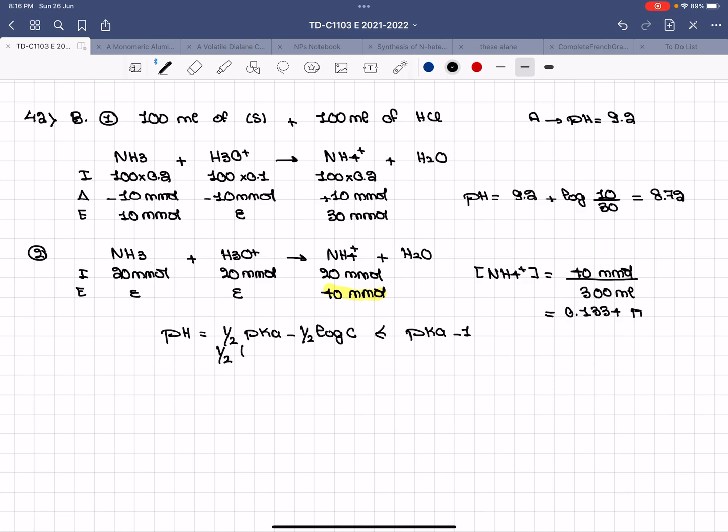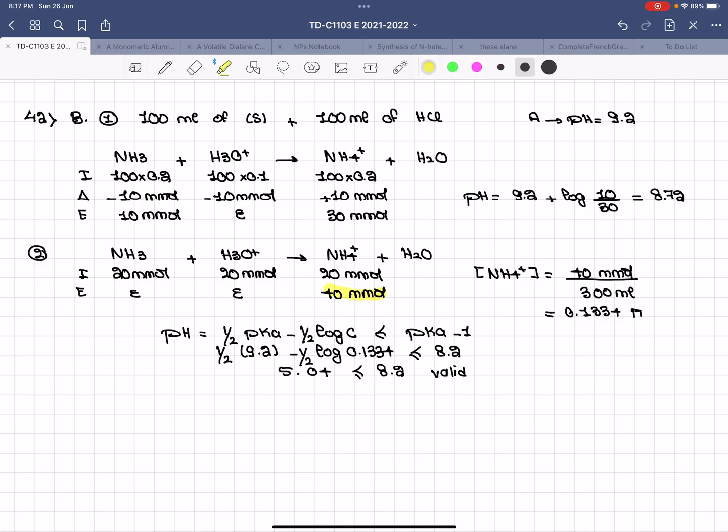So that's half 9.2 minus half log 0.1334. Don't use millimoles here. This is concentration, not moles. If it's less than or equal to 9.2 minus 1, which is 8.2, this will give you a value of around 5.0, I think 4, which is less than or equal to 8.2, so it's valid.